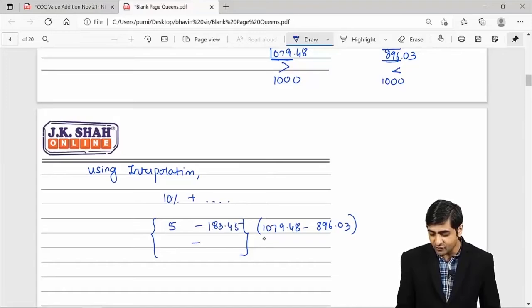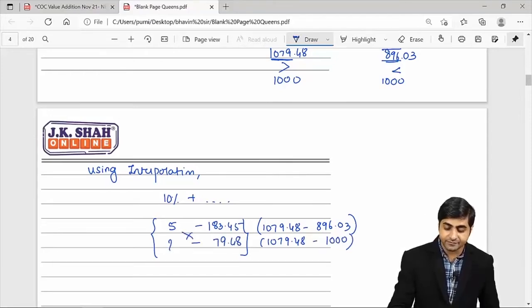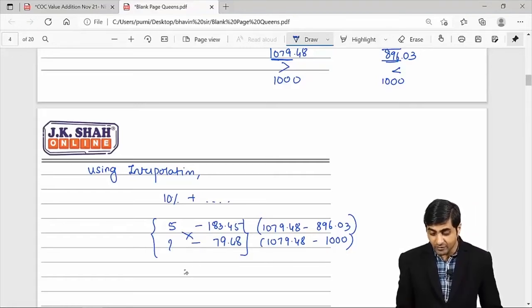But guys, we just have to reach from 1079.48 to 1000. So we need to now discount 79.48. So for that it will be 2.17. So basically now, if I consider here, this will be nothing but 12.17%.